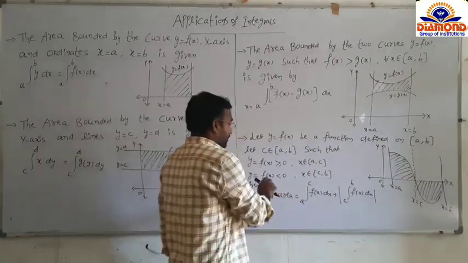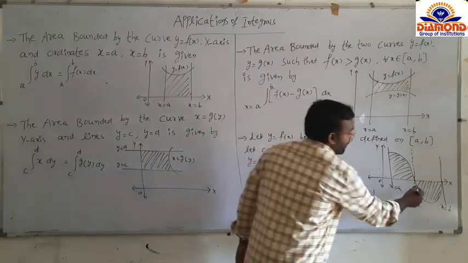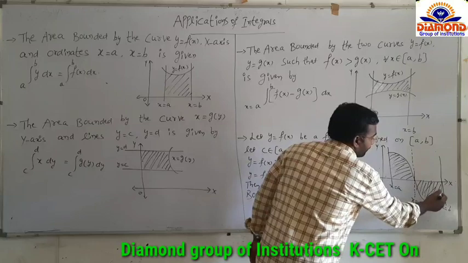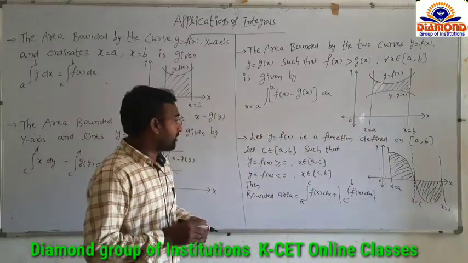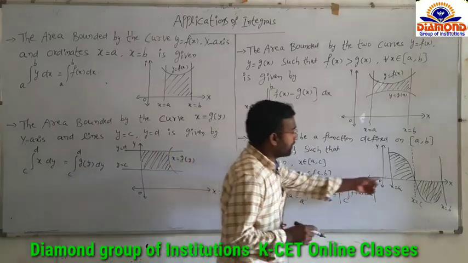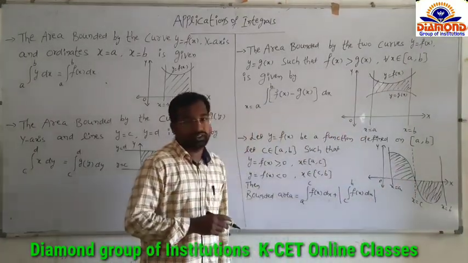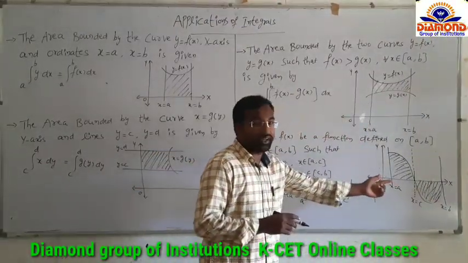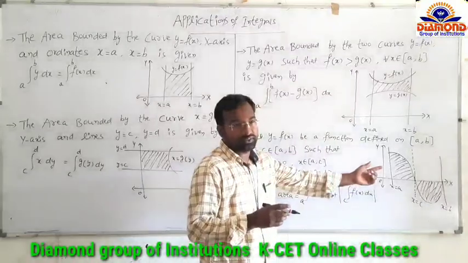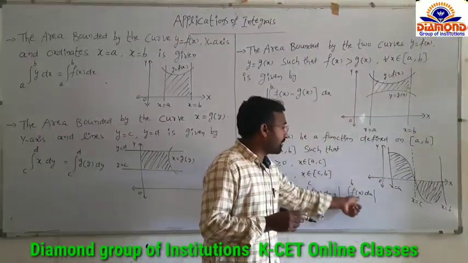Next, f of x is less than 0, negative, for x belonging to c to b, so it is on the lower side. At that time, how do we calculate the area? The first part is integration a to c f of x dx, plus the lower part. The lower part is negative, and area is always positive, so we take the modulus: modulus of integration c to b f of x dx.